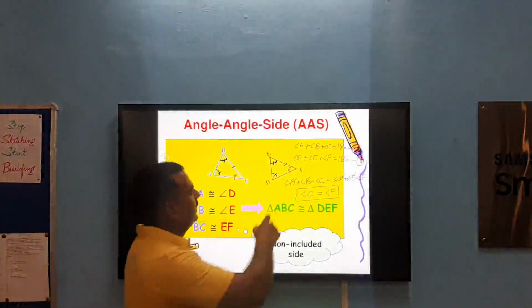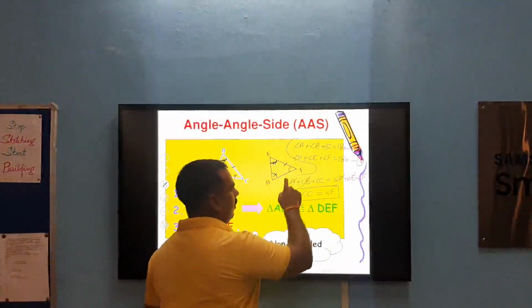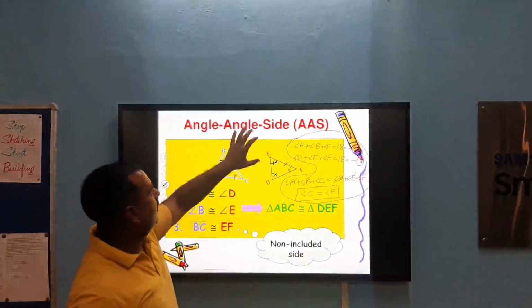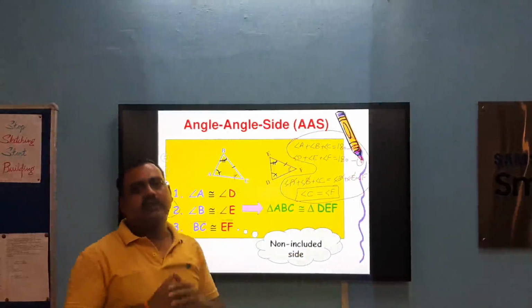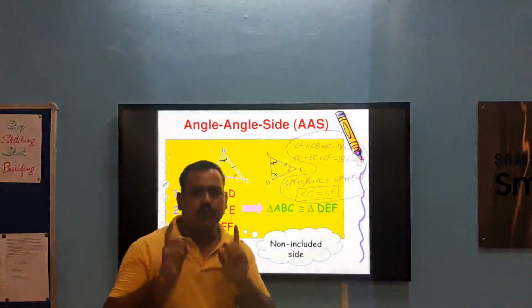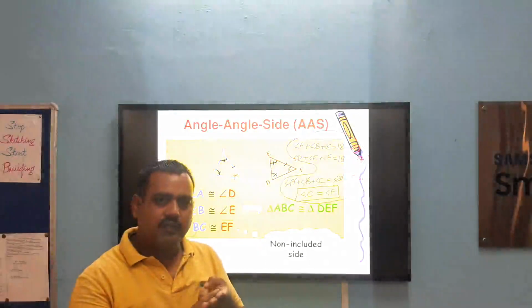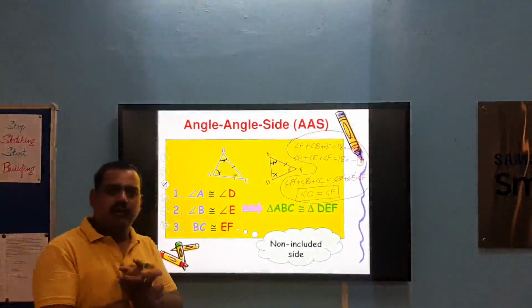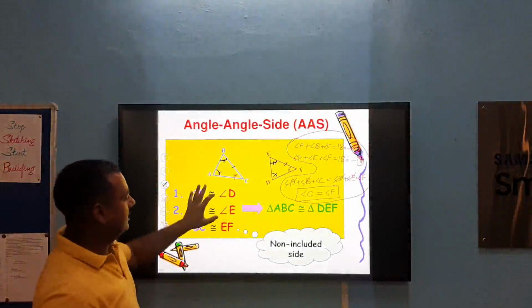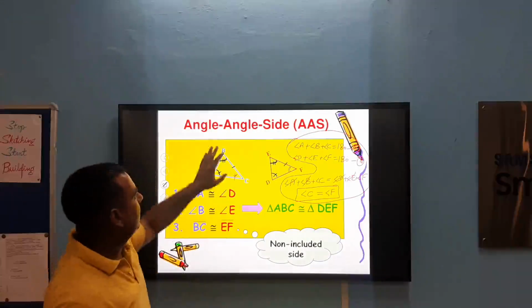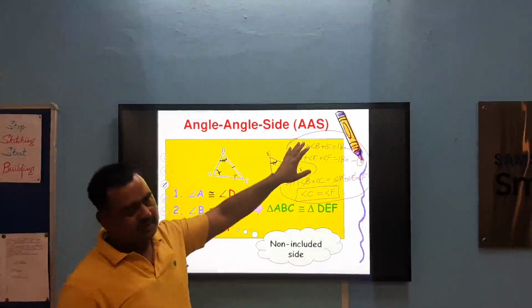So instead of proving all of this, we can take this AAS as a congruency criterion, and we consider that if in any two triangles we have two angles equal to each other and one side equal, then we can say that the triangles are congruent using the criterion angle, angle, side.